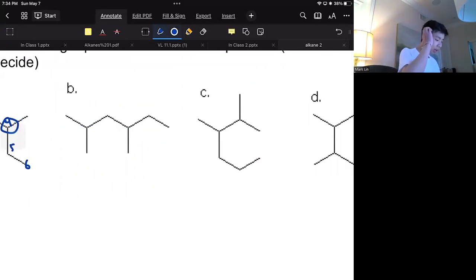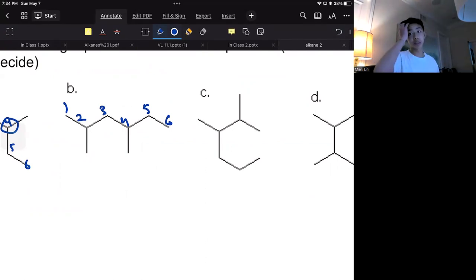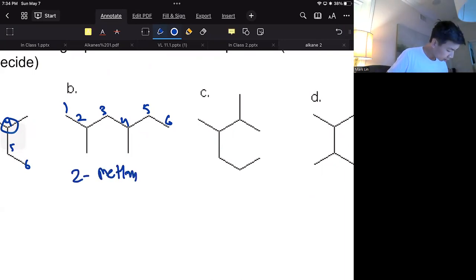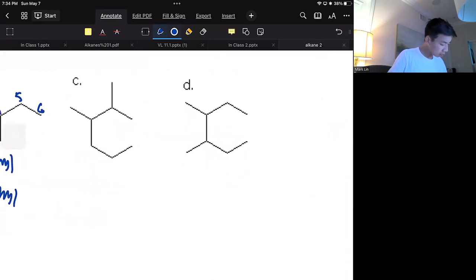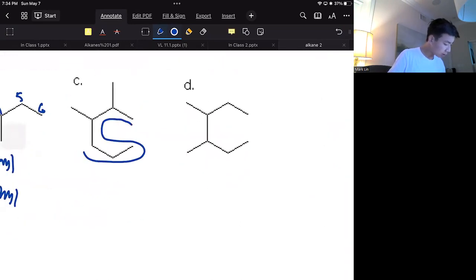It's going to go from left to right because at number 2, we have a substituent. If we go from right to left, our first substituent will be at number 3. So 2 is lower than 3, so that's why we go from left to right. It's going to be 2-methyl, 4-methyl. All right, C, this is going to be our longest strand.